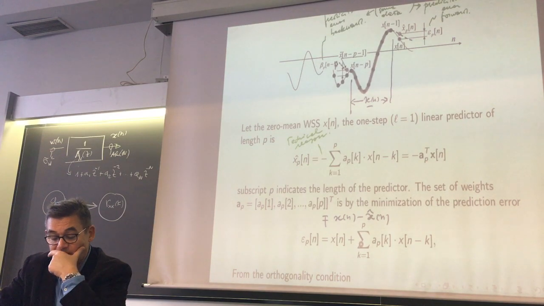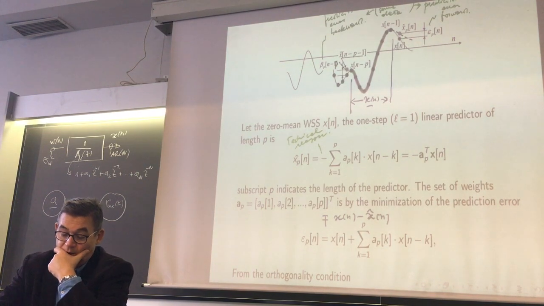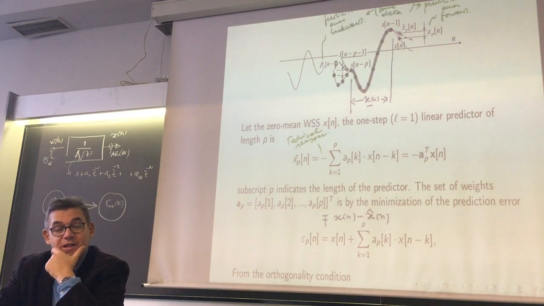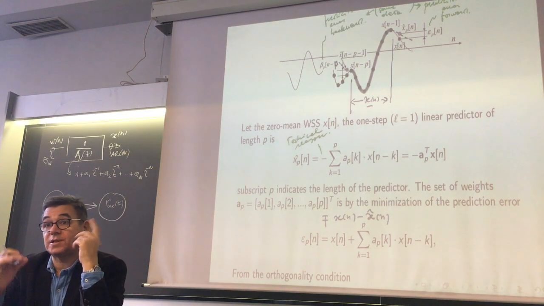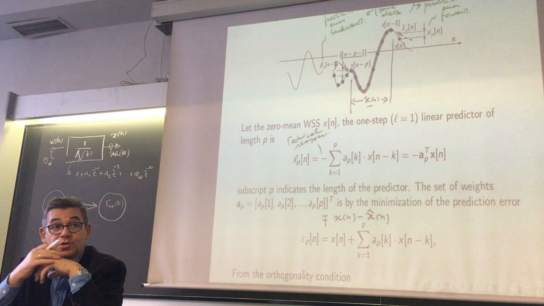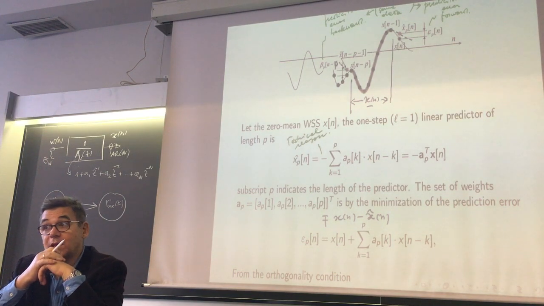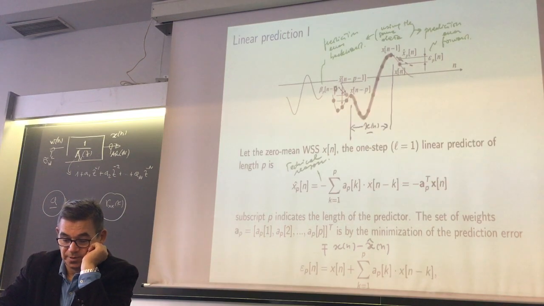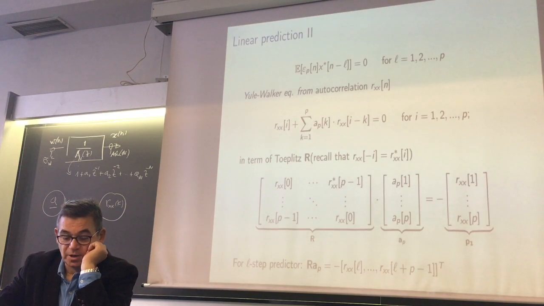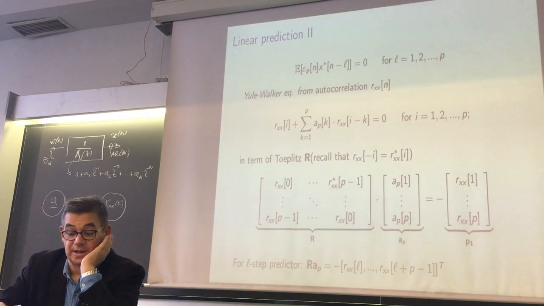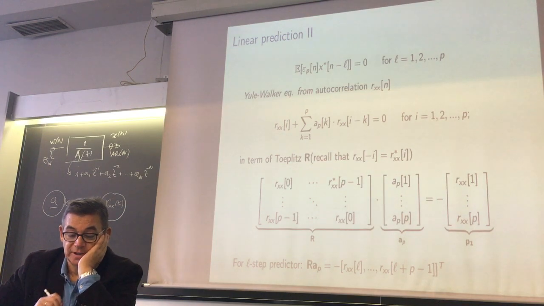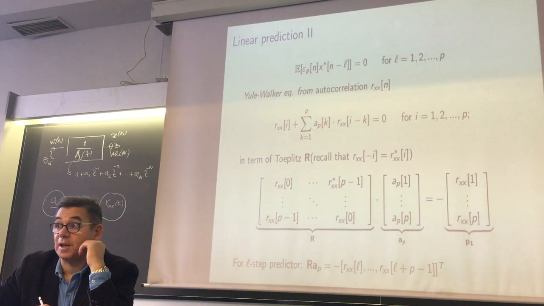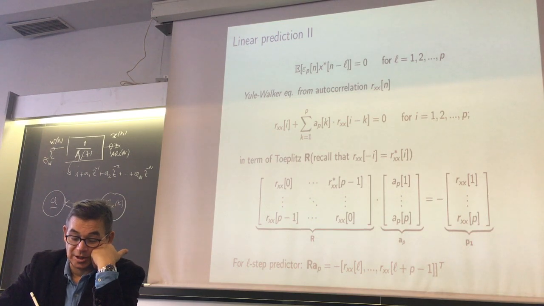Okay. Now, I need to estimate a set of coefficients. To estimate them, I use the orthogonality condition. The orthogonality says that the filter coefficients are obtained by imposing orthogonality between error and sample.